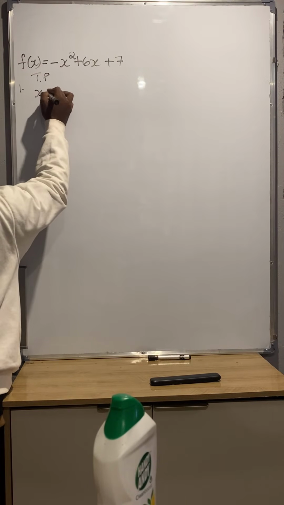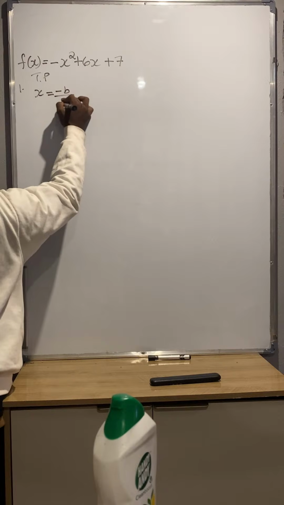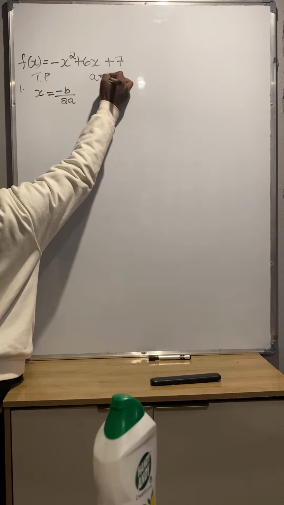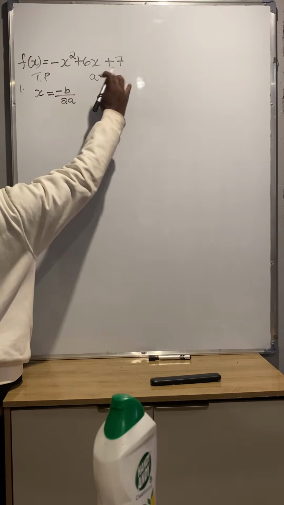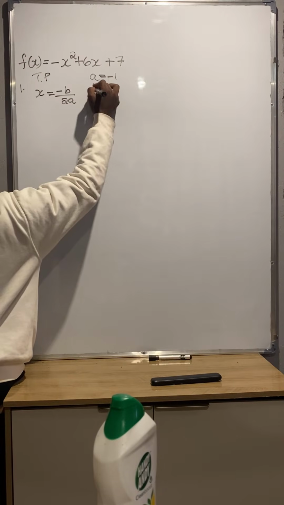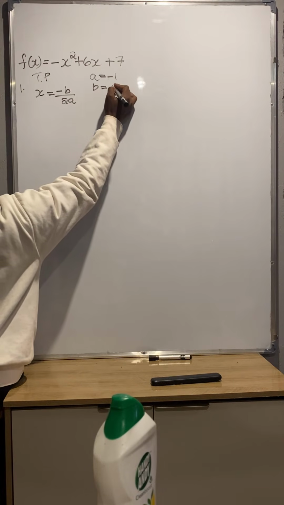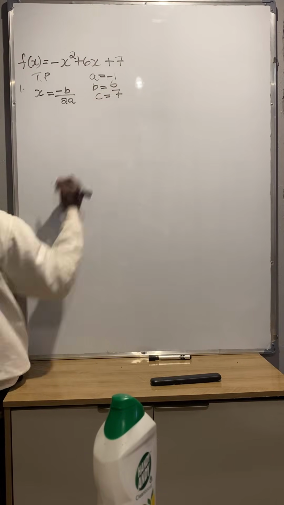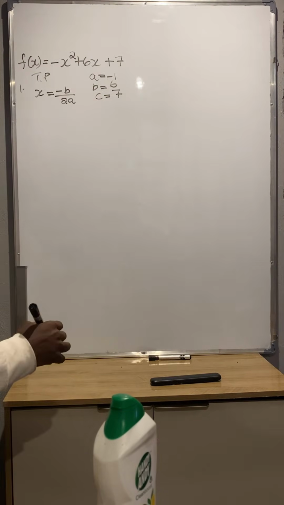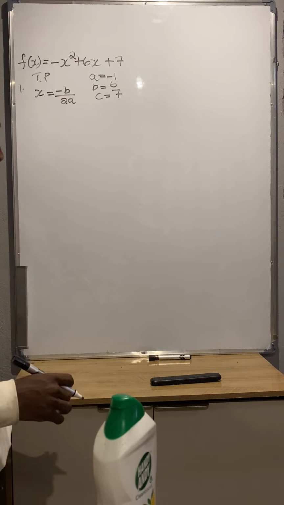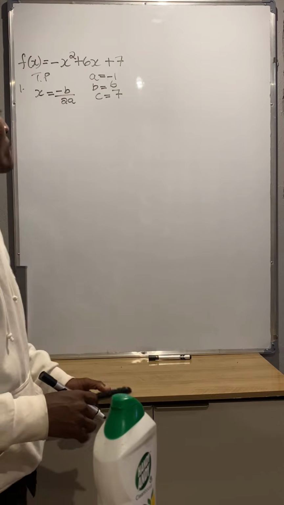To determine the coordinates of the turning point, x is equal to negative b over 2a. Here a is negative 1, b is 6, and c is positive 7.